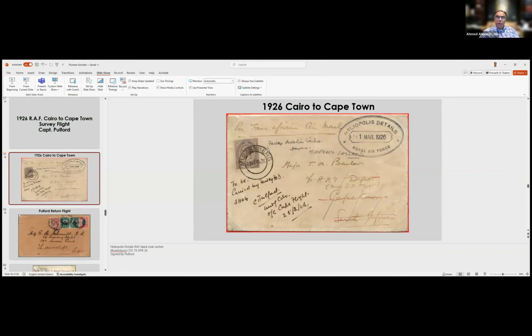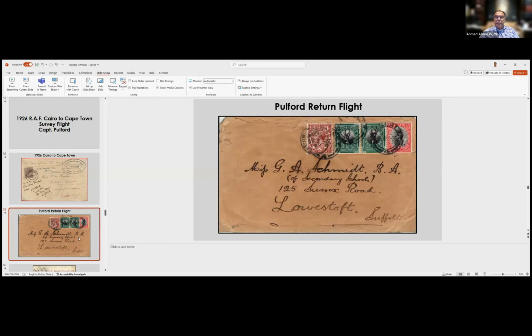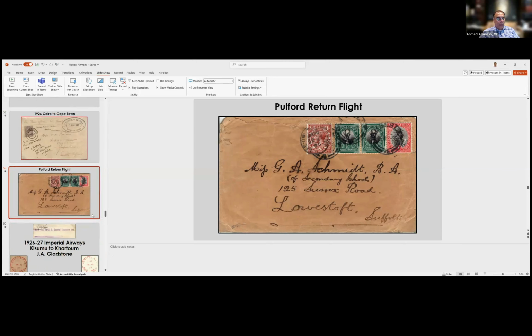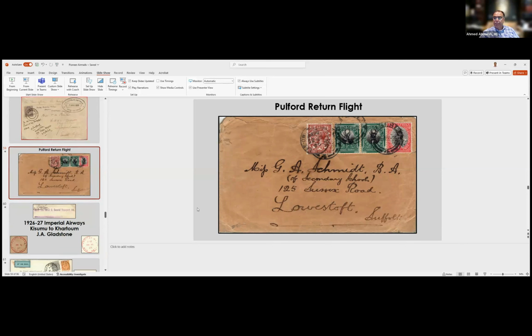This was flown from London to Cape Town, from Heliopolis, with the Heliopolis stamp here, but it was flown southward. I was able to locate a northward flight, and I believe this is a one of a kind cover. There wasn't anything that was flown back, to my knowledge. I might be wrong there.